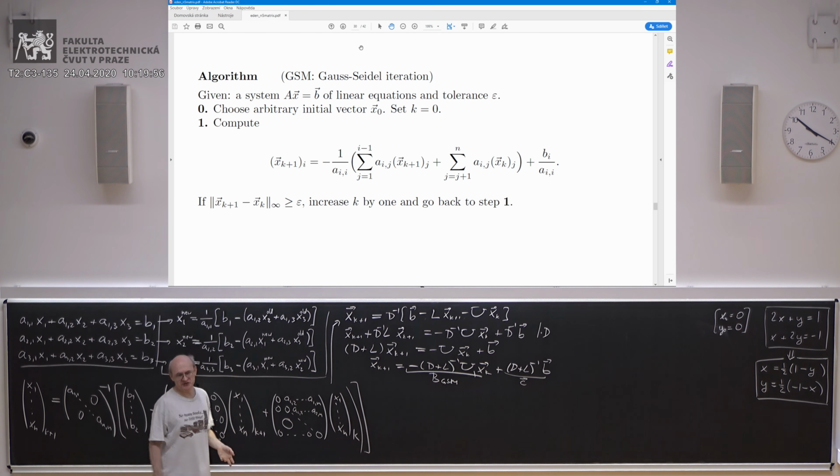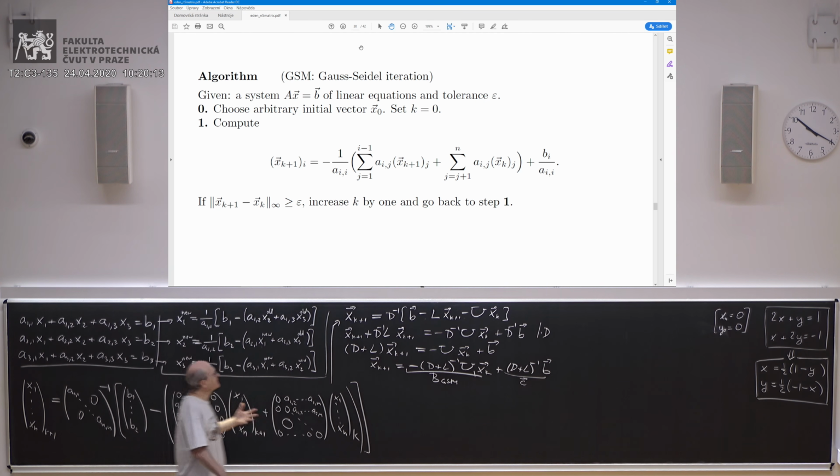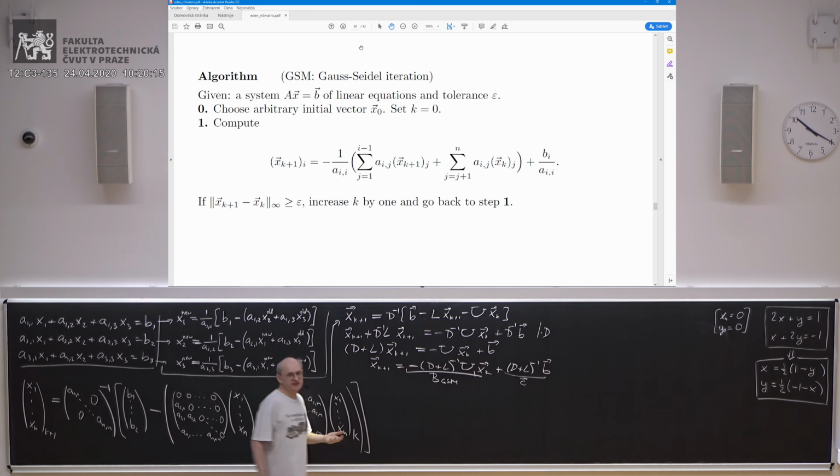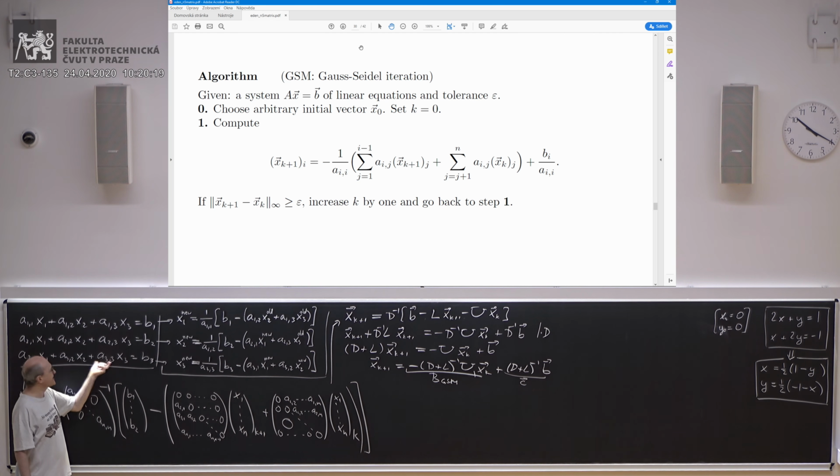And the answer is, I don't know it. If one of the aii is 0, then we cannot use the Jacobi or the Gauss-Seidel method directly. We could try to rearrange the system in such a way that we have non-zero diagonal terms. And if it's possible, that's good news. But in general, there are some limitations that we have to be worried about, and one of them is that one of the aii could actually be 0.